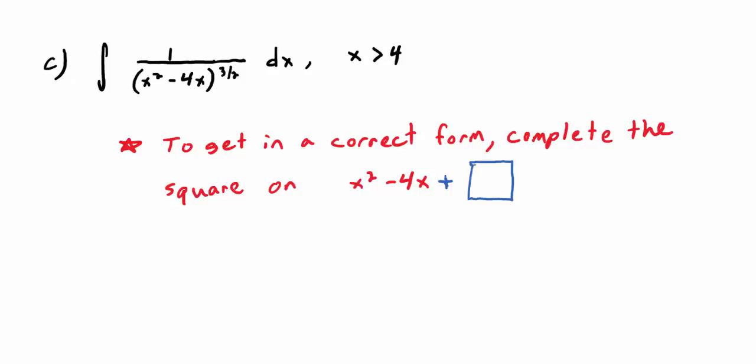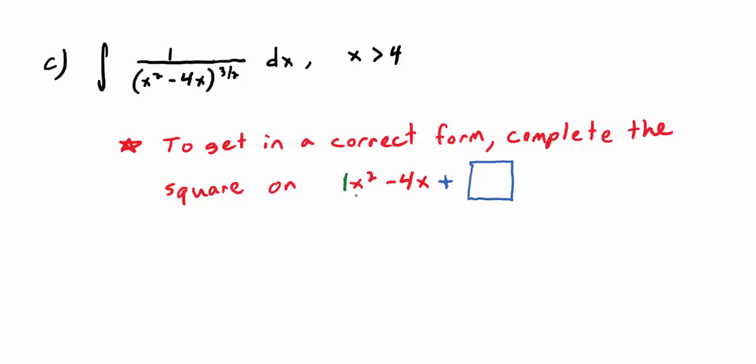So the process is as follows. First of all, you've got to have a 1 in front of the x squared. If there's not a 1 in front of the x squared, then you're going to have to factor out whatever the leading coefficient is from the first 2 terms to get a 1 there. And we'll cross that bridge when we come to it. We have a 1 there, so we're good to go.